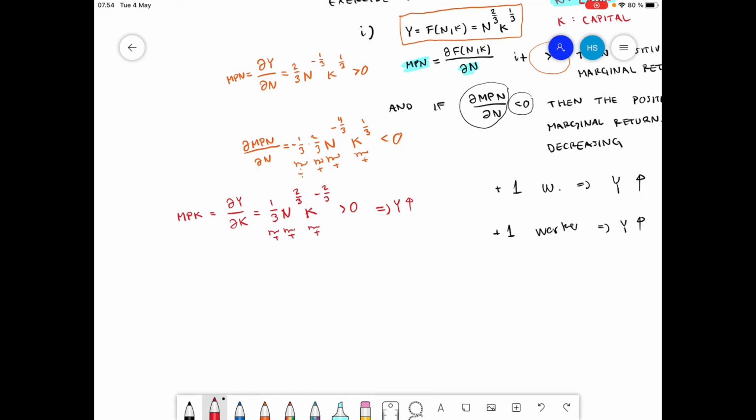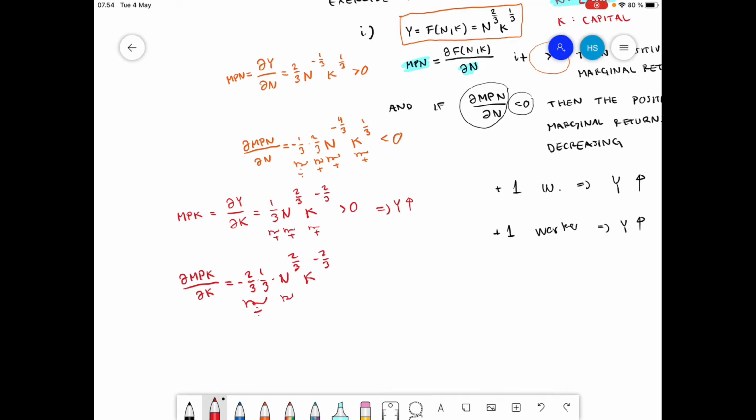Well, the only way to figure out whether the marginal product of capital is decreasing is to differentiate the marginal product of capital with respect to capital. If we do so, we take down the exponent times 1/3 times n to the power of 2/3 times k to the power of minus 2/3.